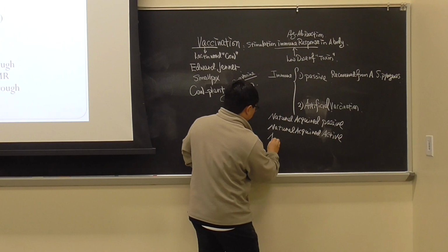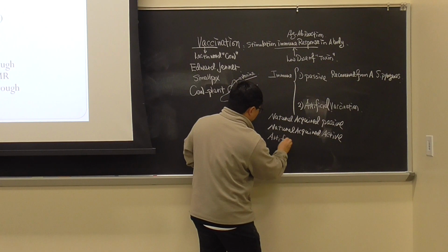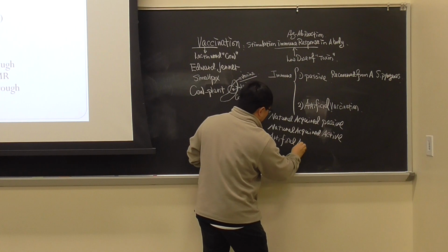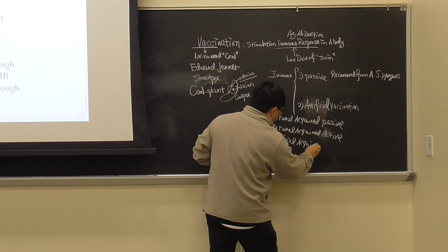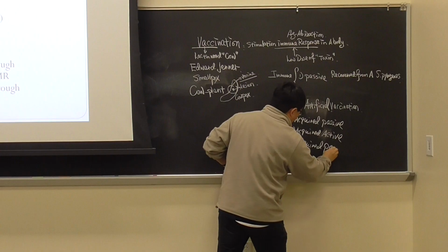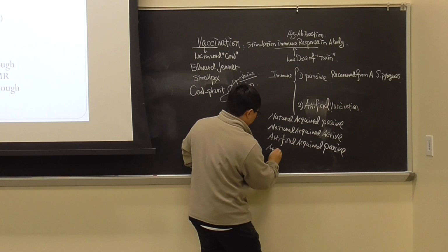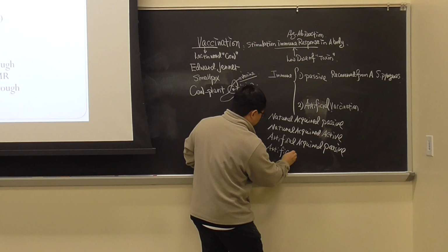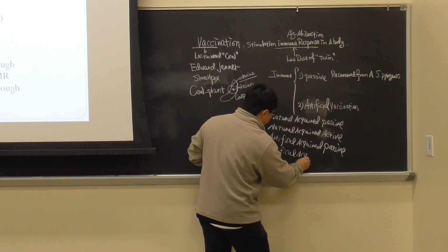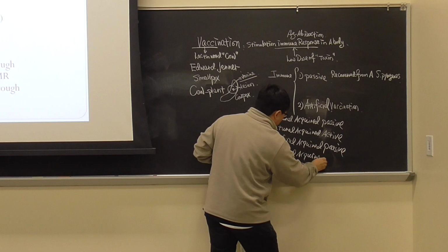Then we have an artificial acquired passive immune. And then we will want to have an artificial acquired active immune.